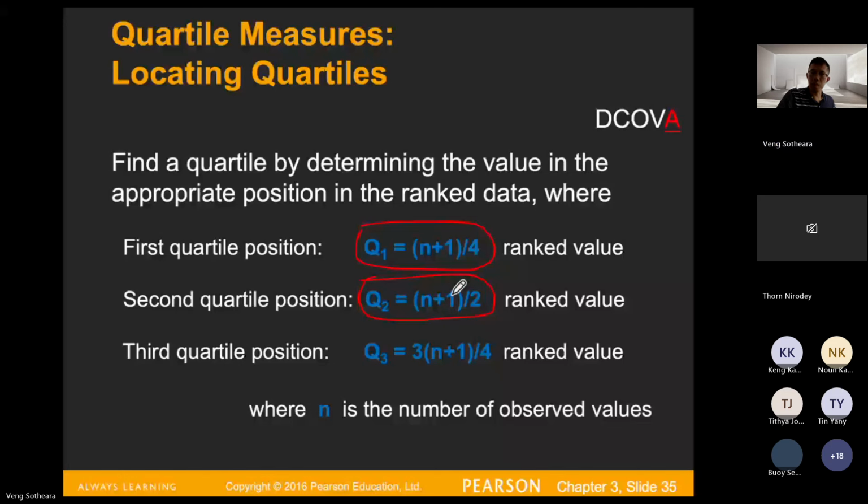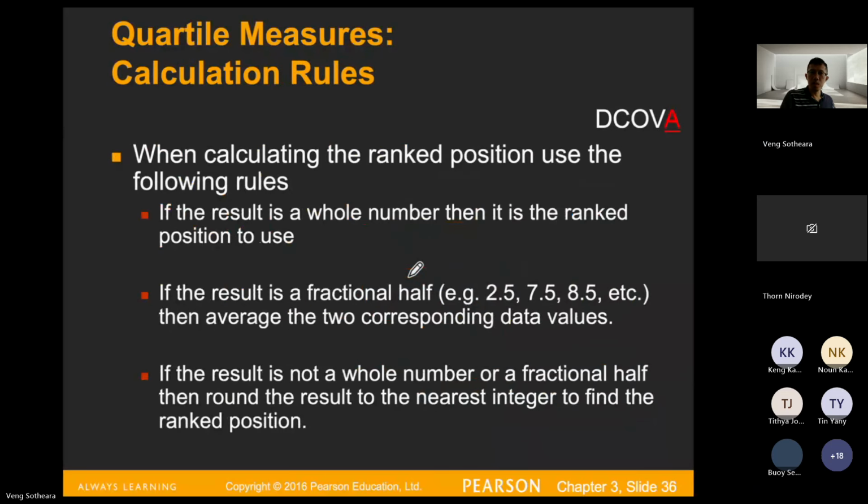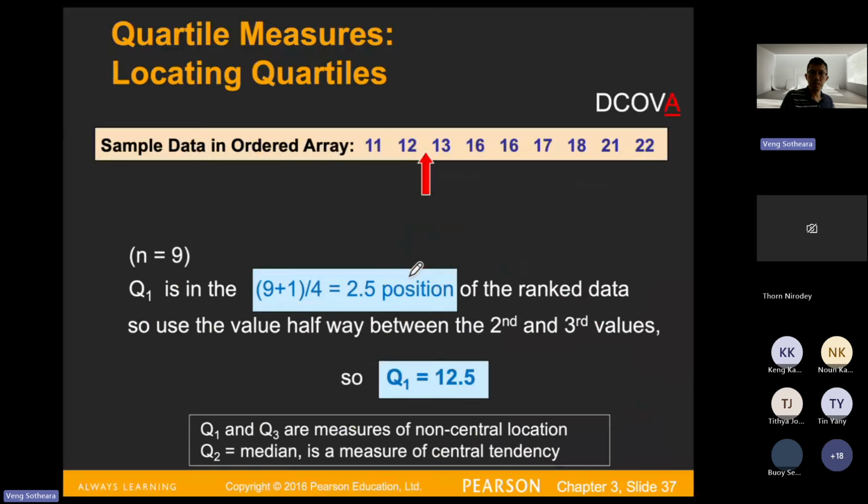This is not Q2 itself, this is its position, the rank value. For Q1, you get (n+1) divided by 4, and for Q3, its position is 3 times (n+1) divided by 4. Okay, so this is the formula for the positions of those Q's. So take a look at one example.